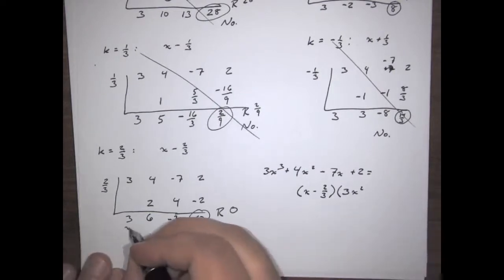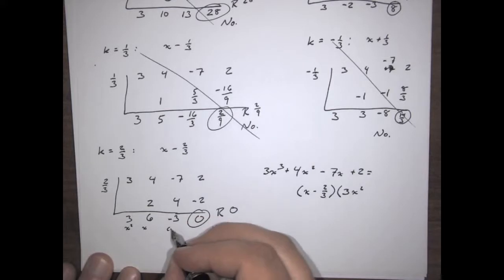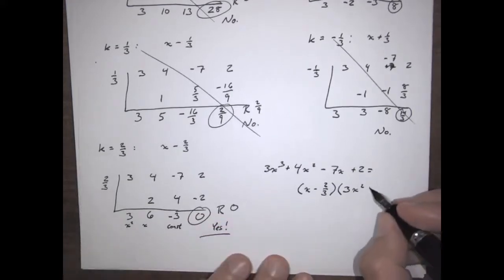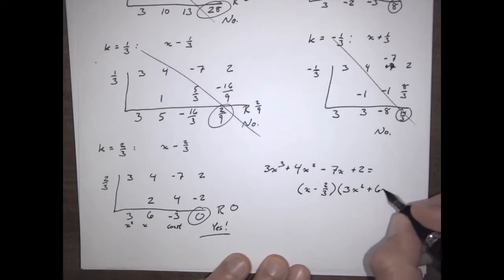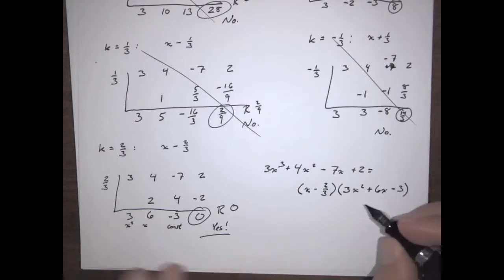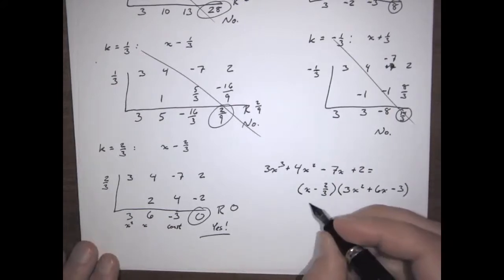So remember, this is x squared, this is x, this is constant. It's going to be 3x squared plus 6x minus 3. Now here, we can actually pull out a common factor of 3.